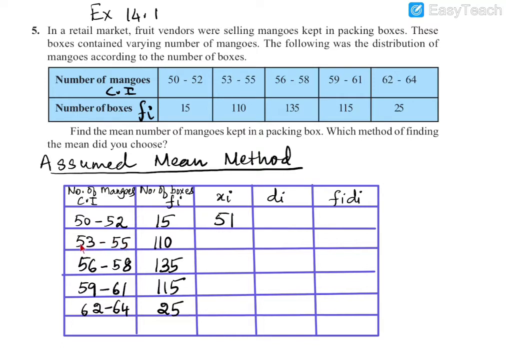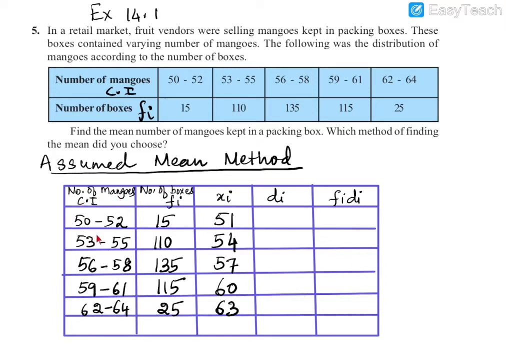For the second class interval, the class mark will be 54. Notice that the difference between any two consecutive class marks is 3, which should be equal to the class size.